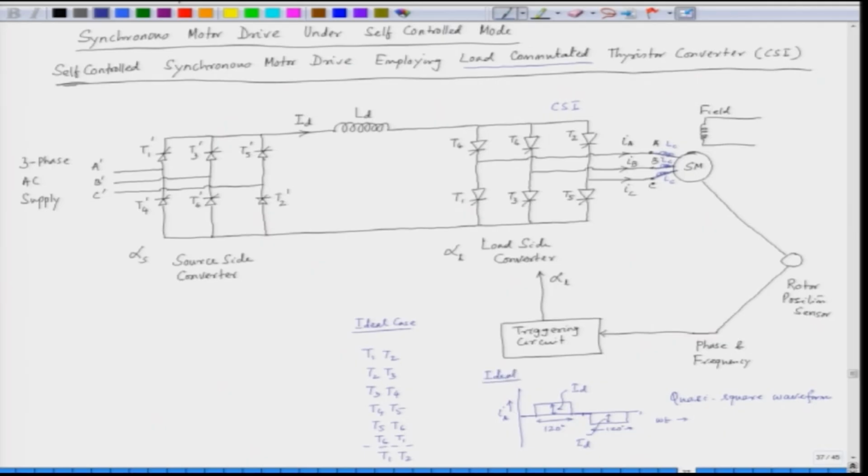Now, the phases have inductance. When the phases have inductance, the current change will not be so sharp. In fact, the practical current change will not be like this.